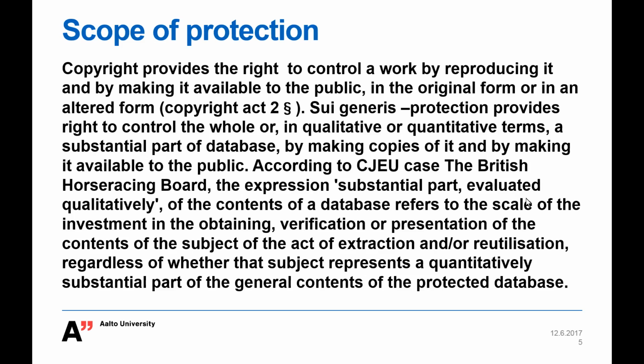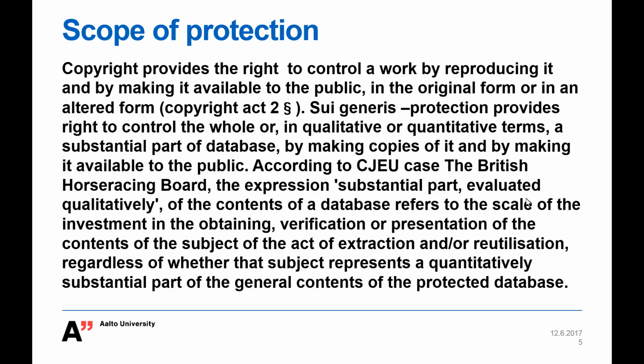So data can be protected, even raw data, by the catalog protection. Then there is the copyright protection for databases and data sets where there has been originality in the compilation of the data sets.